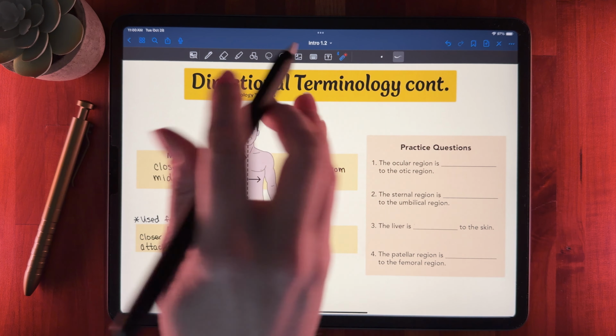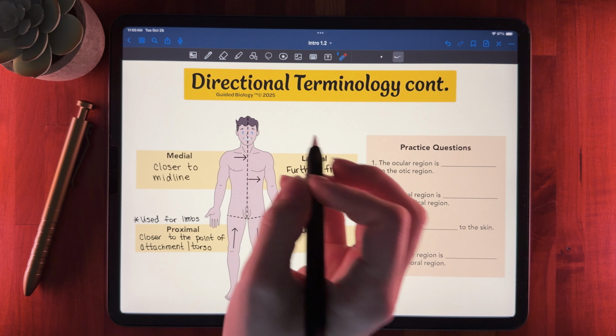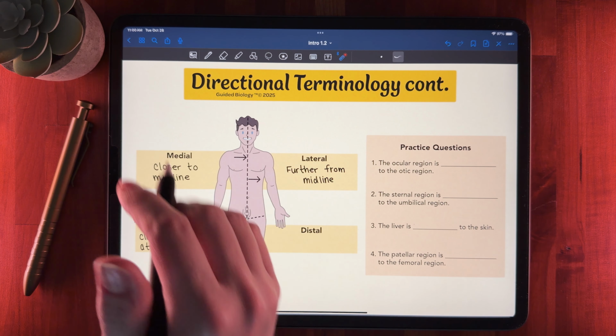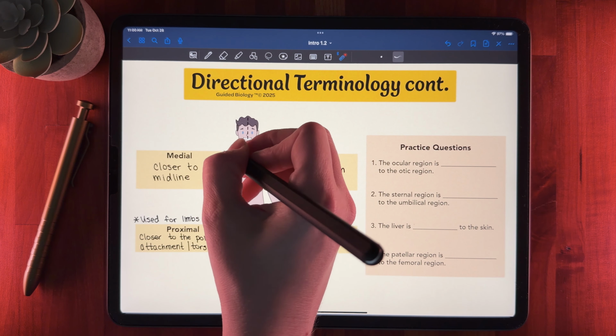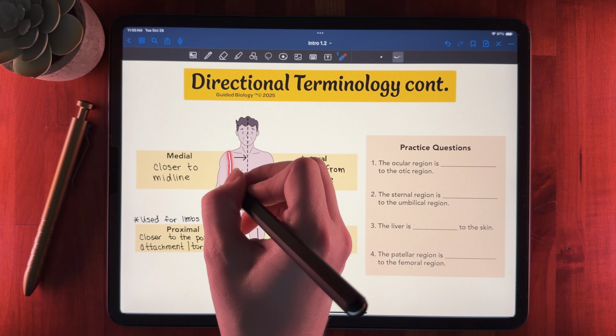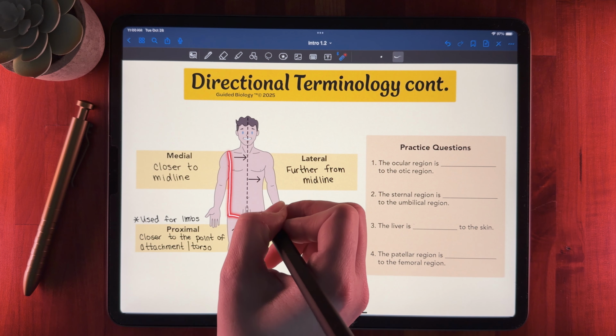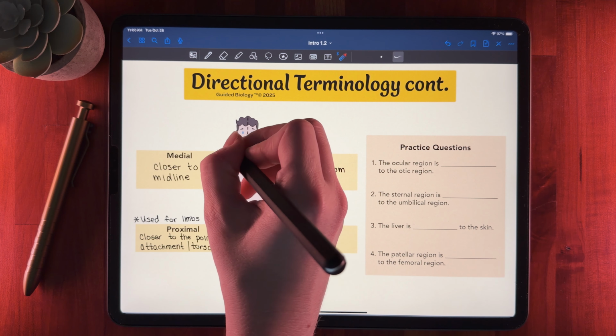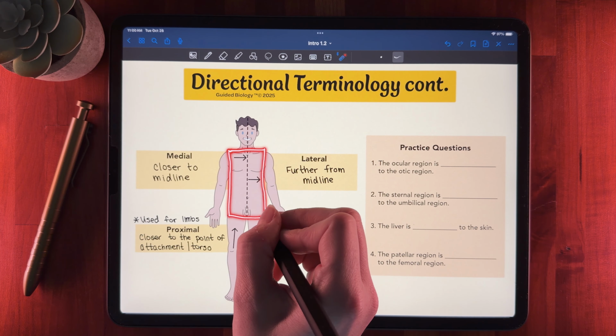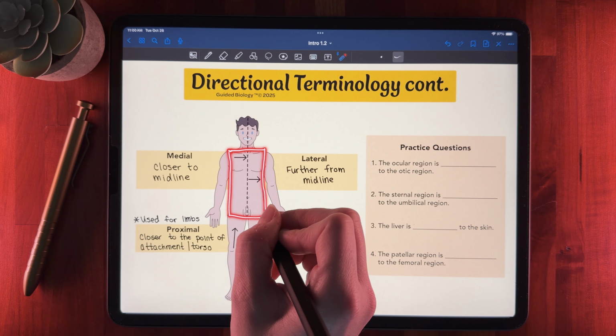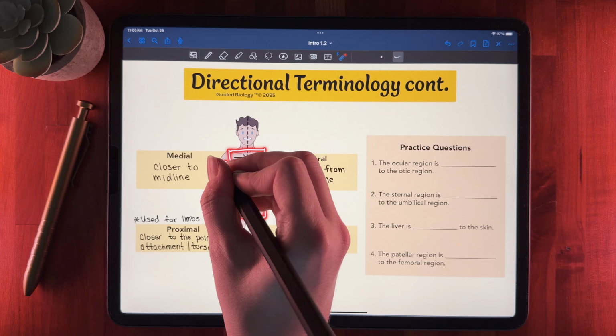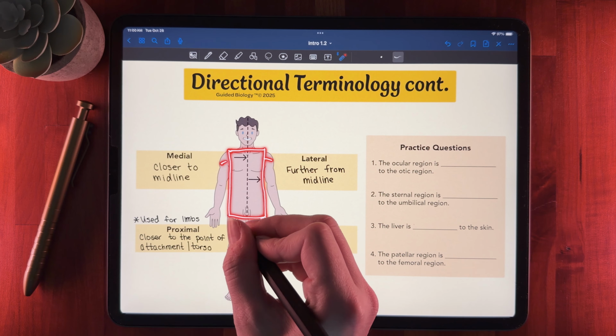Okay, and so when we are talking about the torso or the point of attachment, I think it helps to kind of define that and what it means, just in case you're not familiar. All right, so if we're talking about the torso, we basically mean like the trunk of the body, right? So this kind of rectangle here, okay? And so the torso is kind of the middle core of the body, and then you have the neck coming off of the top of it, the arms coming off the top parts of the sides here, and then the legs coming off of the bottom, right?